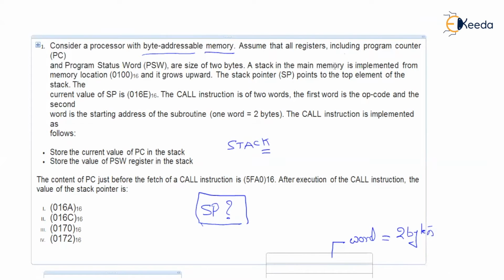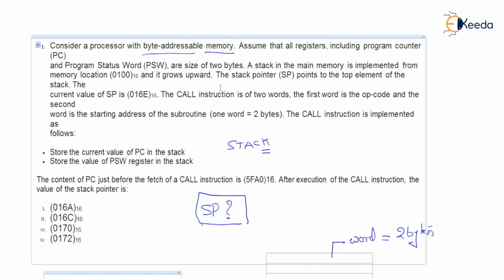A stack in the main memory is implemented from the memory location 0100 hexa. Of course, he is talking about a memory stack, right? There are two kinds of stacks. One is a register stack, another one is a memory stack. The register stack is a CPU stack which is implemented in the CPU. The memory stack is implemented in main memory.